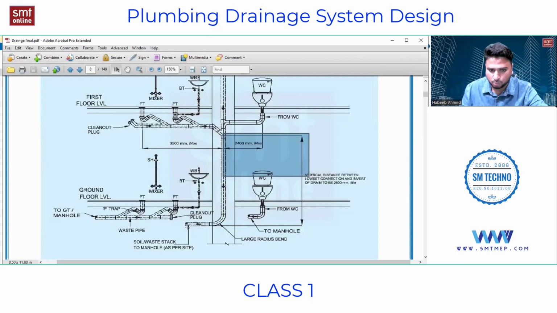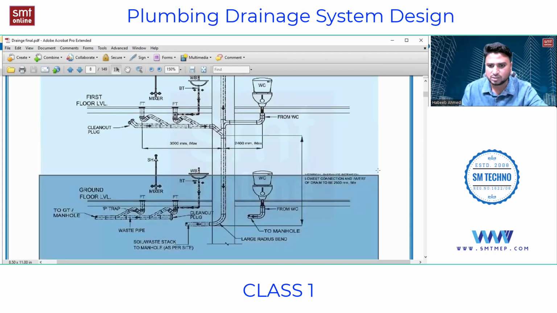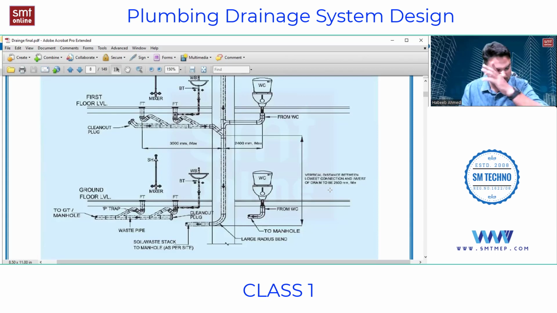So from this bottommost point to the topmost point of the previous floor, the height, you can see here, it is clearly saying that it should be minimum 2500. If it is not, then you cannot connect this.